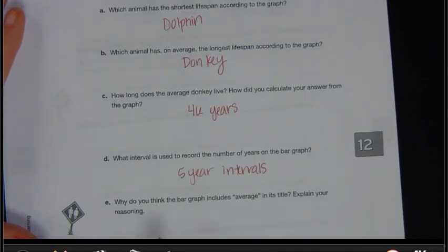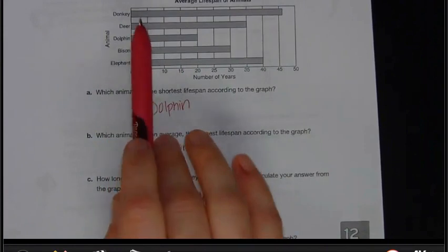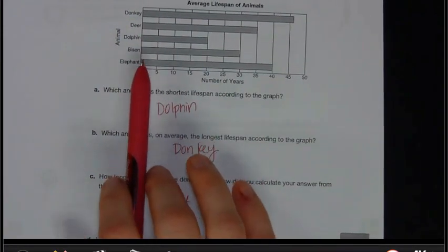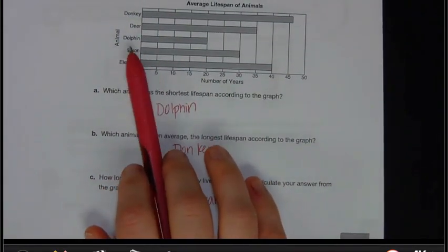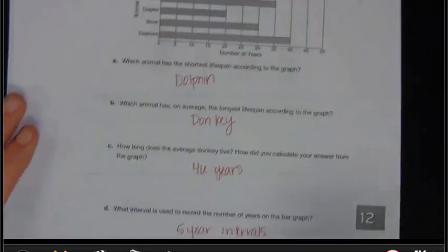Okay. Why do you think the bar graph includes average in its title? Explain your reasoning. So if you think about it, can we go around and look at every single, let's say, dolphin? Can we go around and record every single dolphin and figure out when it dies to see how long it's going to live? No, it's physically impossible.